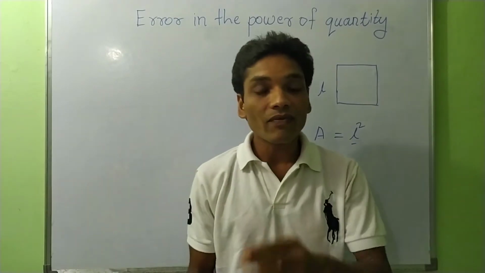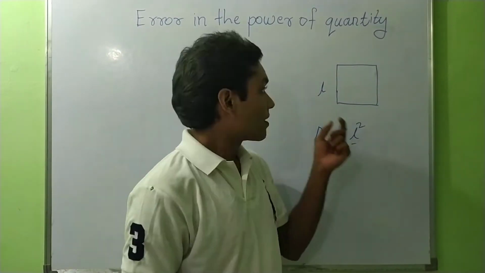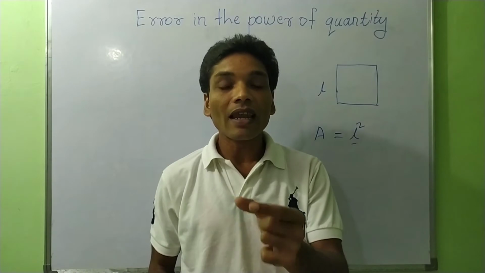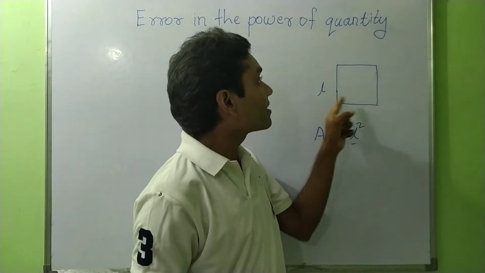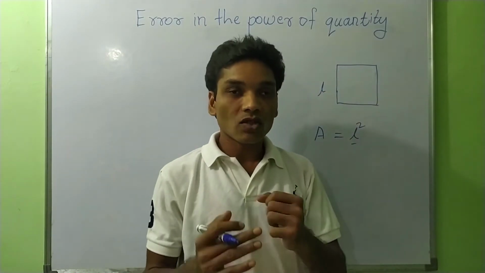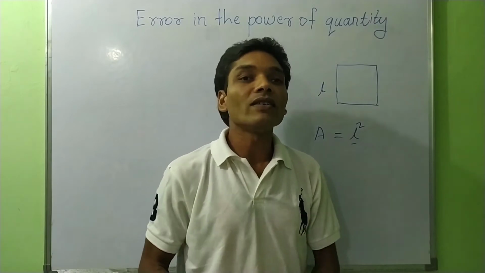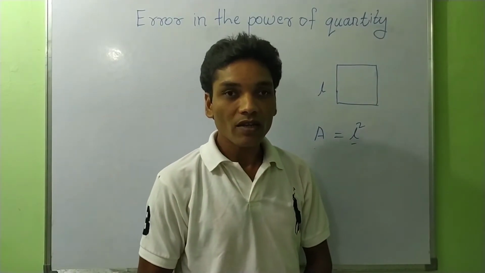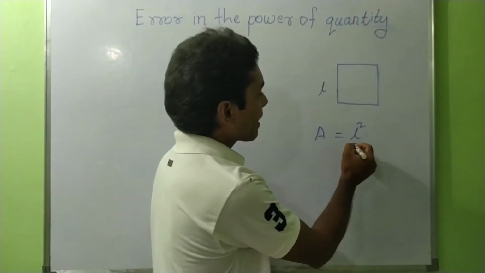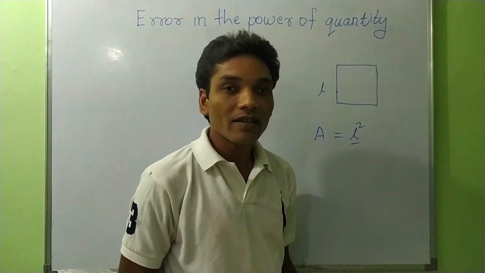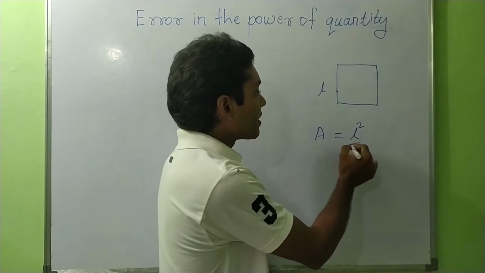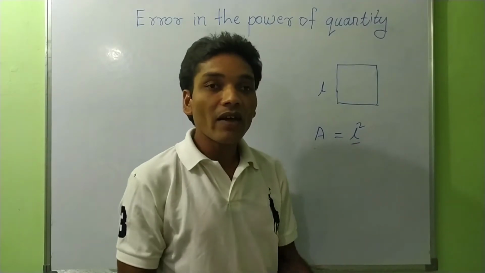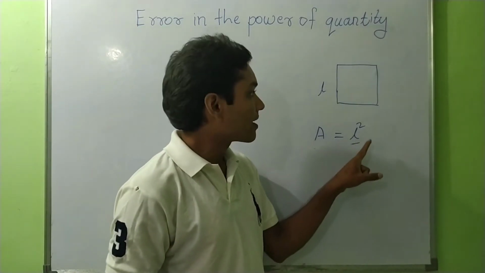This L is the physical quantity. After measuring the length of each side of this square, we can find the area. Here L is the physical quantity, and there is a power on the physical quantity L.